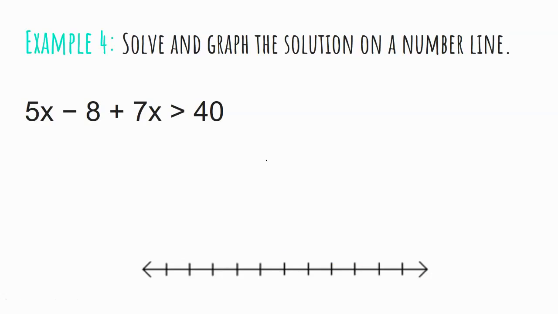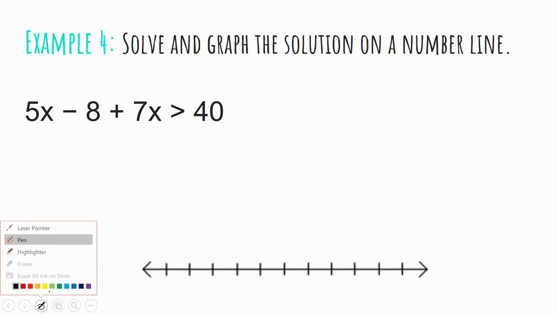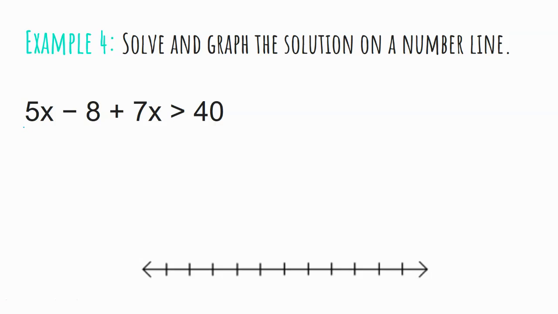All right, so this one's a little trickier. Not much trickier, but a little trickier. The only reason why is because before I start solving, I need to combine some like terms. If you notice, I've got 5x and 7x on the left-hand side.